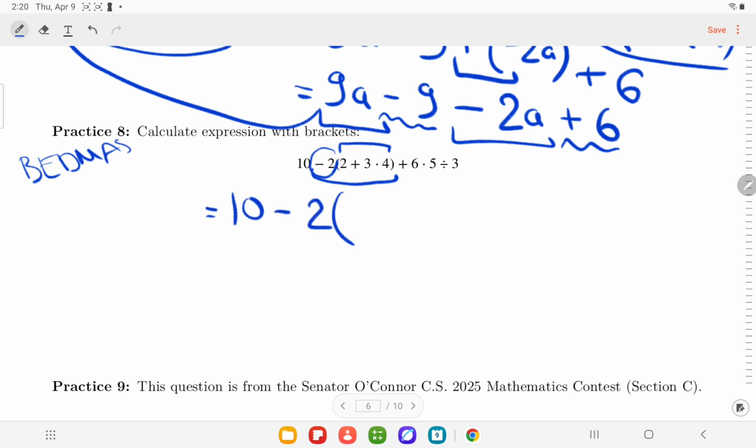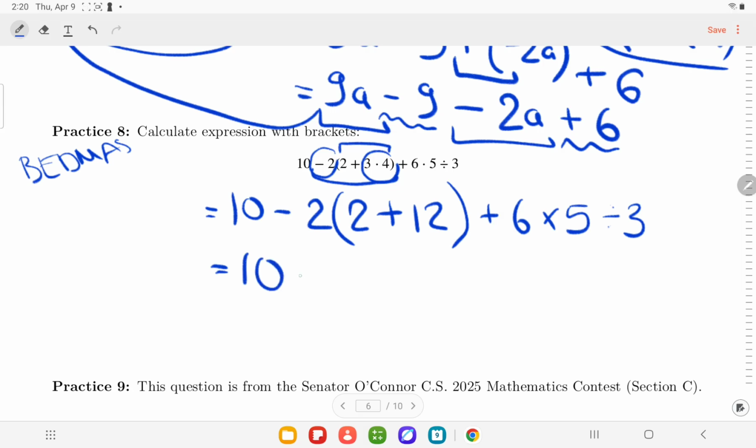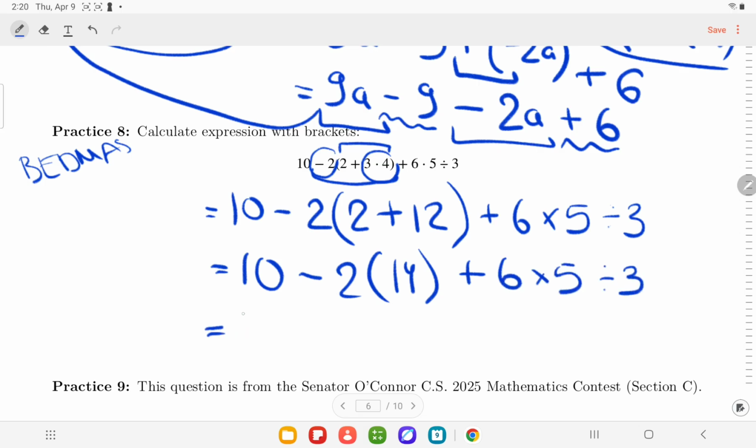First we are going to do the multiplication. So we're going to end up with 2 plus 12, and then we can add 2 plus 12, which is 14. And then to finish this bracket off, we can multiply the 2 times 14 to give us 28.